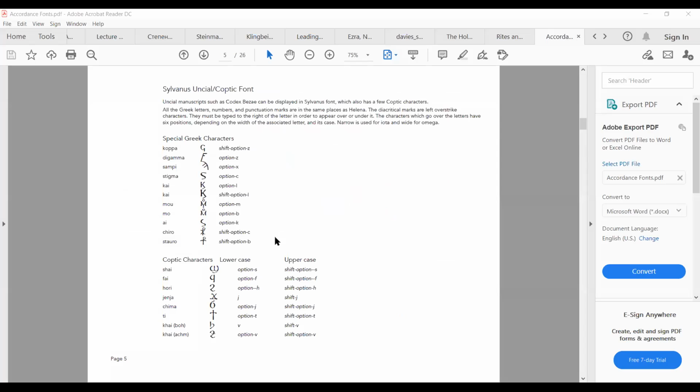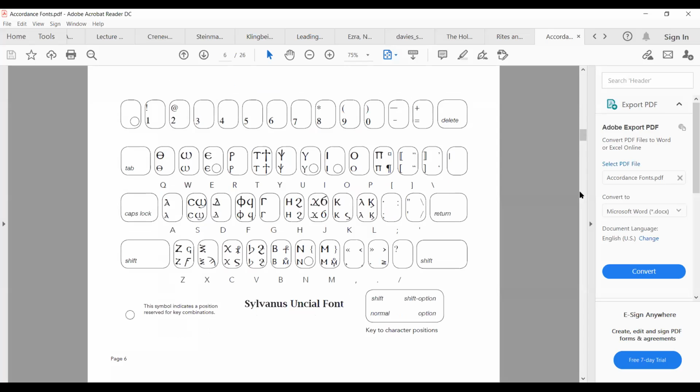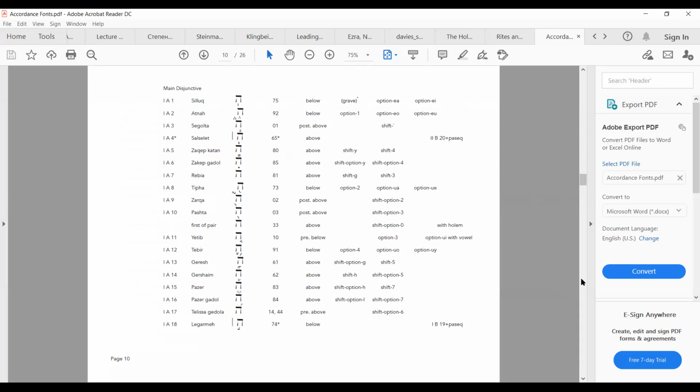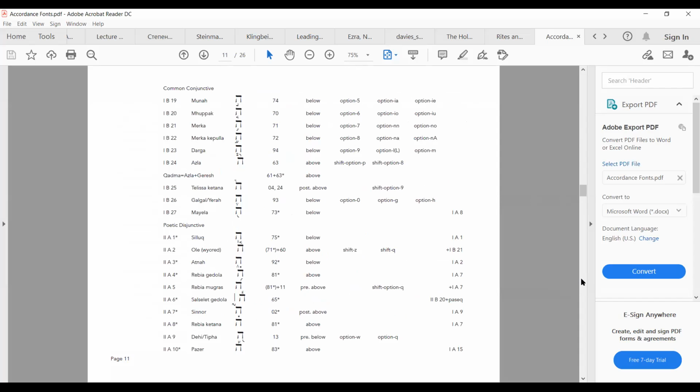And everything about this font is here. Great. So you can just use it to print almost anything. And this font, it seems to me, is very, very similar to SBL Hebrew, but I personally prefer SBL Hebrew.